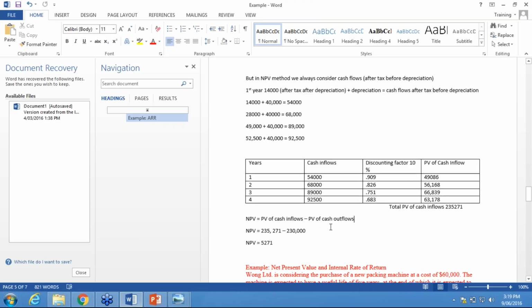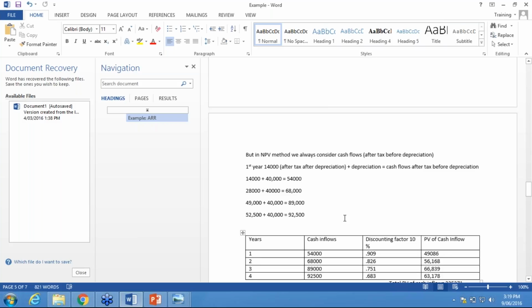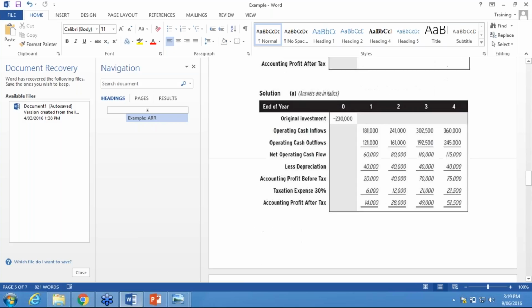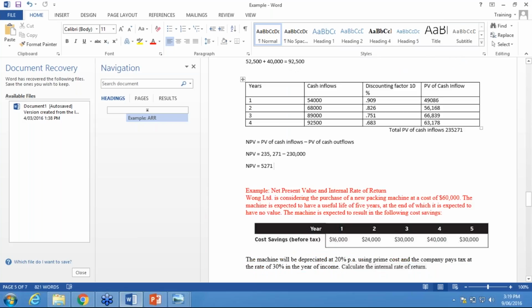So the formula is present value of cash inflow minus present value of cash outflow. Look, if you are buying this machine, think about it, the machine price is 230,000. That means you are spending this money at present time, right? And at present, a dollar's value is a dollar. After 1 year, of course, it's not the same, but at present it's 1.